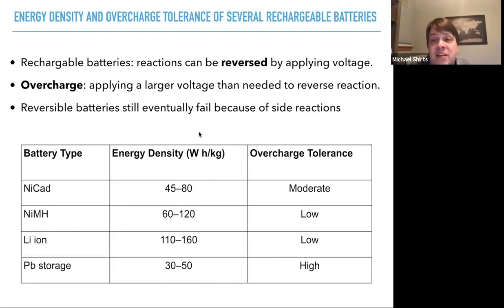Lead storage batteries, on the other hand, don't have any other reactions that can occur, so you can overcharge them fairly much. When you're running your car, the alternator is feeding energy back into the battery, and the battery just gets things started. So it's okay if that's mistuned, it doesn't really cause a problem because lead storage batteries with lead and sulfuric acid have pretty high overcharge tolerance.